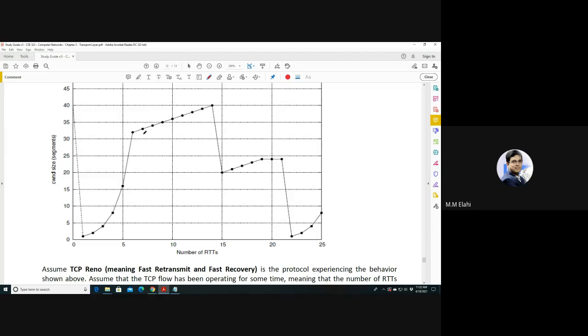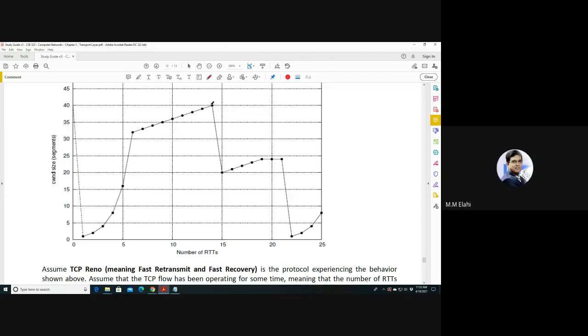How the initial threshold is calculated, that depends. But the initial threshold is 32, and then it increases sequentially: 32, then 33, 34, 35, like this. And whenever there is a loss, during the loss, the congestion window was what? 40, right?